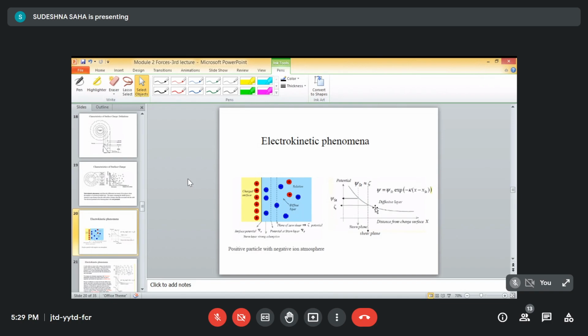That mobility can be measured, and from that you can measure the zeta potential value. And to find how the surface potential decays from the surface, you can use the zeta potential or Stern potential value in this equation.